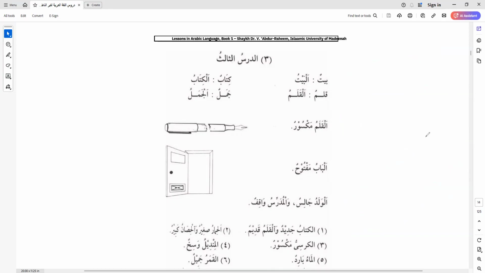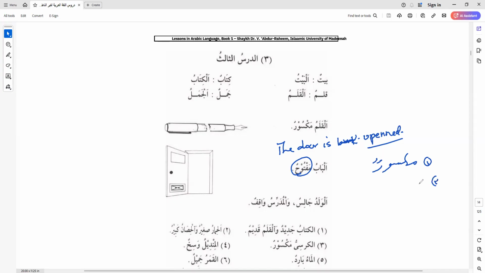All right. So let's look at al-babu maftuhun. The door is opened. Maftuhun. This is an adjective. So let's learn some adjectives. We have maksurun.